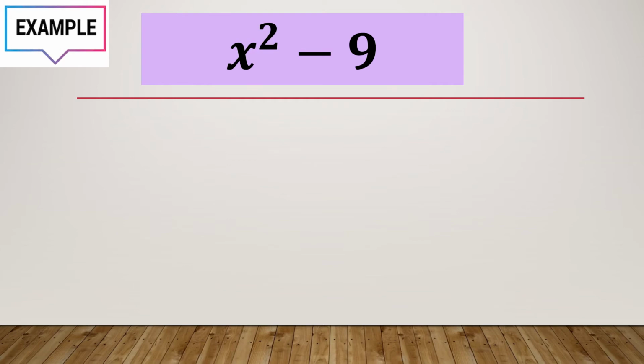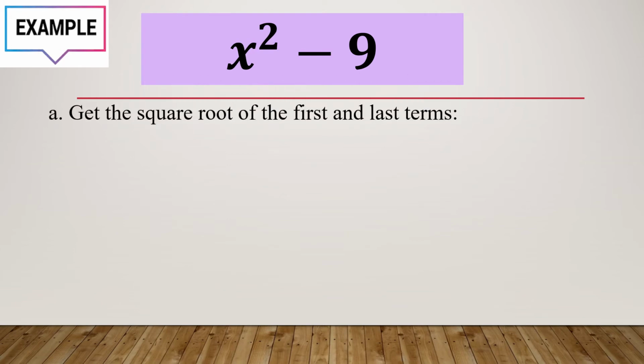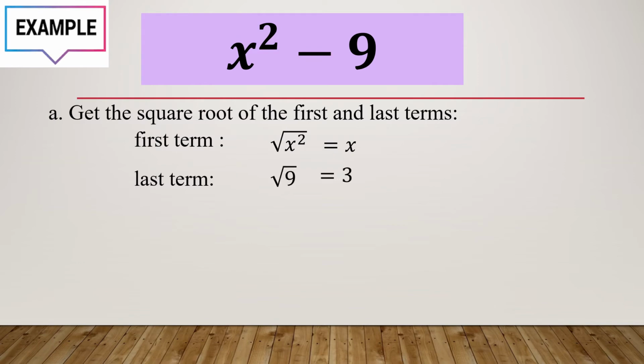For example, we have the difference of two squares, x squared minus 9. To get its factors, first, get the square root of the first and the last terms. The square root of the first term, x squared, equals x, and the square root of the last term, 9, equals 3.